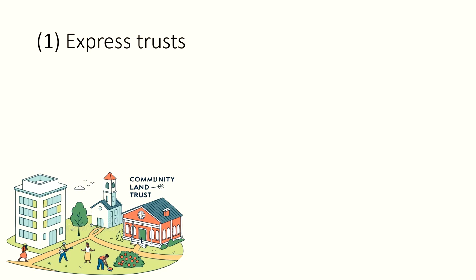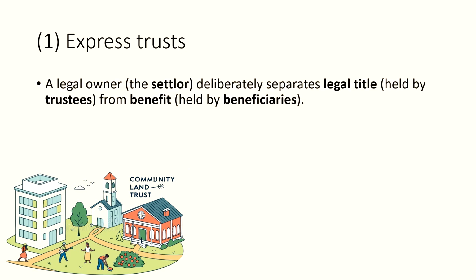So for now I just want to give you a brief overview of what trusts actually are, as far as it concerns land law. So on the one hand we have something called express trusts. What are express trusts? Those are trusts that are deliberately created with the intention of having a trust.